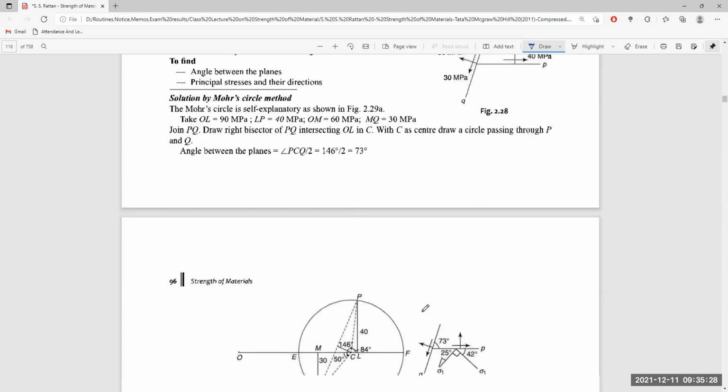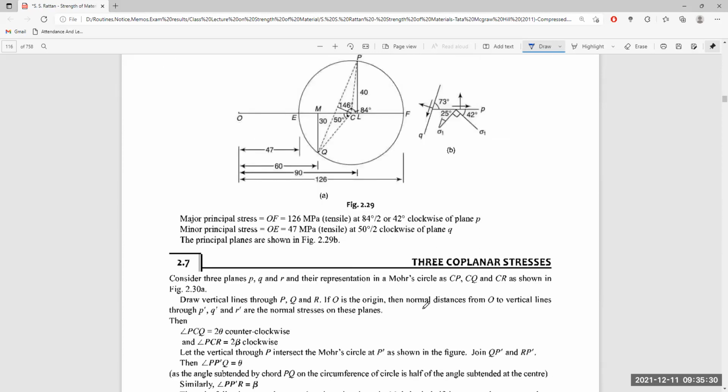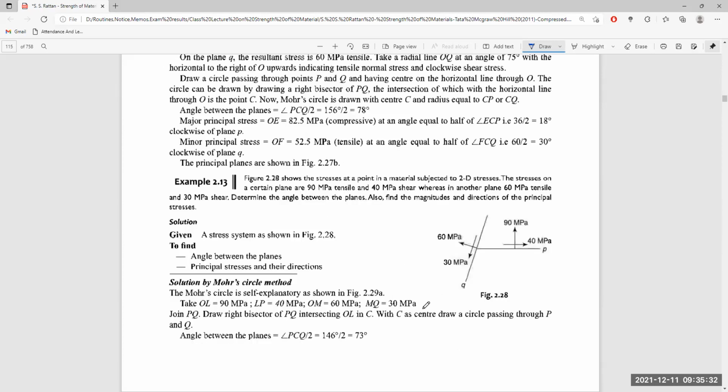Next problem is: the figure shows the stresses at a point in a material subjected to two-dimensional stresses.